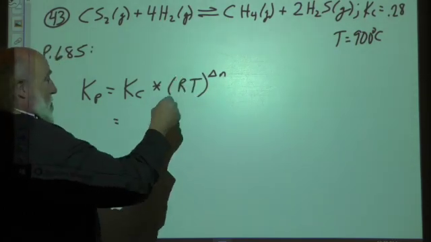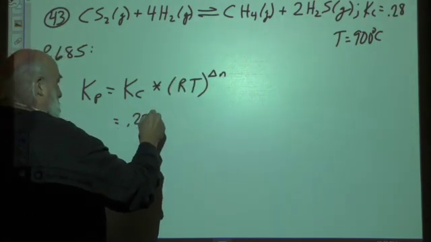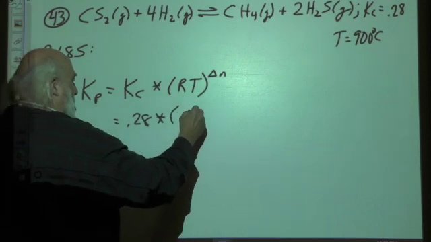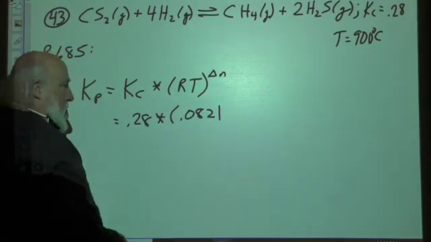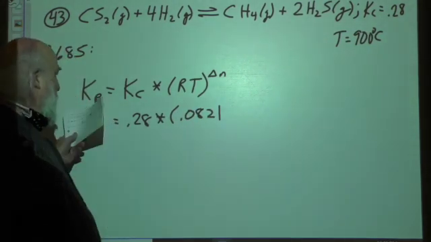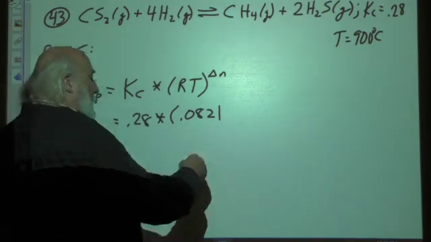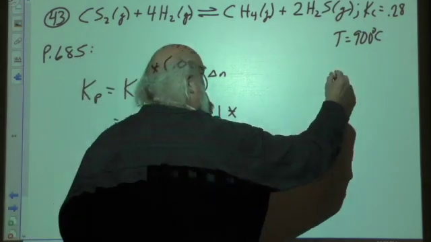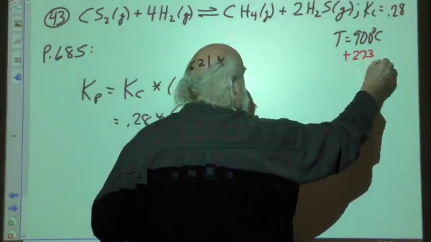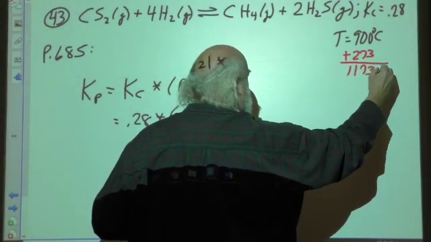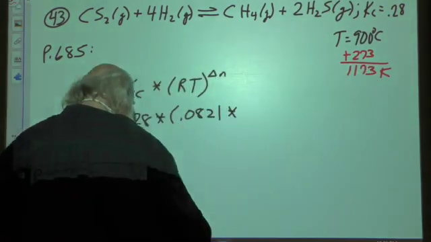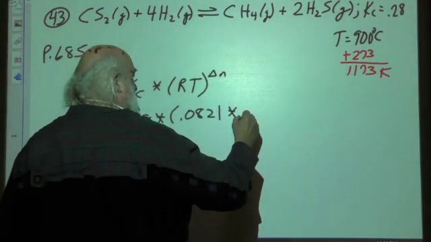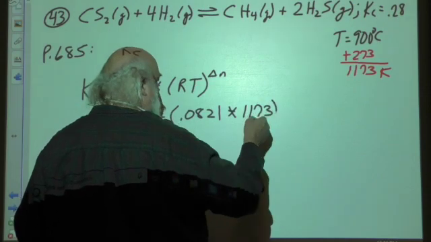So Kc is given to us as 0.28. R is 0.0821. Don't need the labels because it's all going to disappear with the K values here. Times the temperature. Now the temperature is expressed in Kelvin, so we're going to add 273 to this. This is 1173 Kelvin. Don't put a degree symbol there. You don't want one. So times 1173 inside the parentheses.